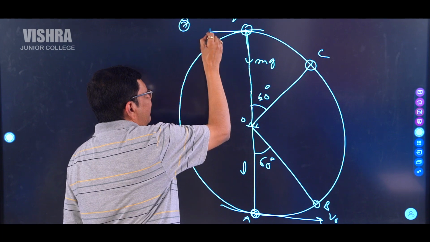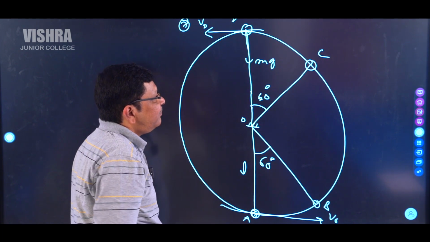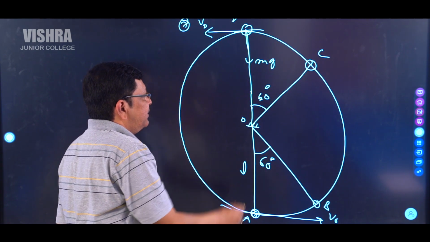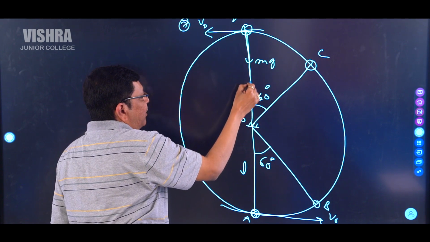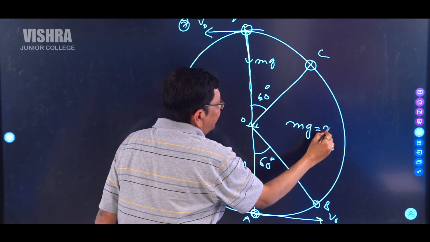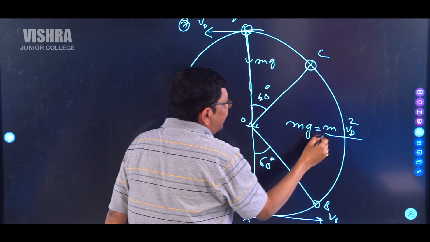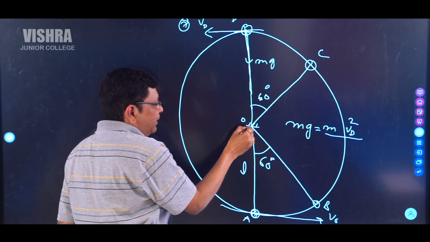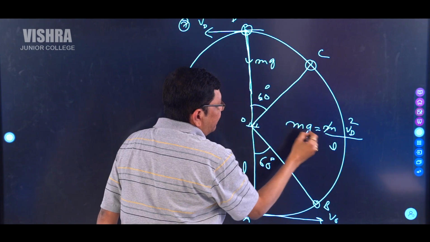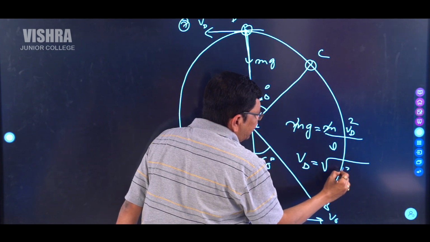When the tension in the string becomes 0 at D, only the gravitational force is acting on the bob. If the bob's velocity at D is some Vd, then from the concept of centripetal force and centripetal acceleration, the net force acting on the bob is mg, and that mg equals mass of the bob times centripetal acceleration, Vd square divided by the radius of the circular path, that is L. So the velocity at D will be root of gL.